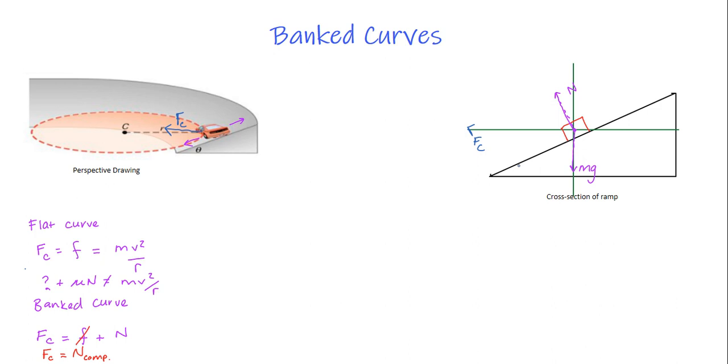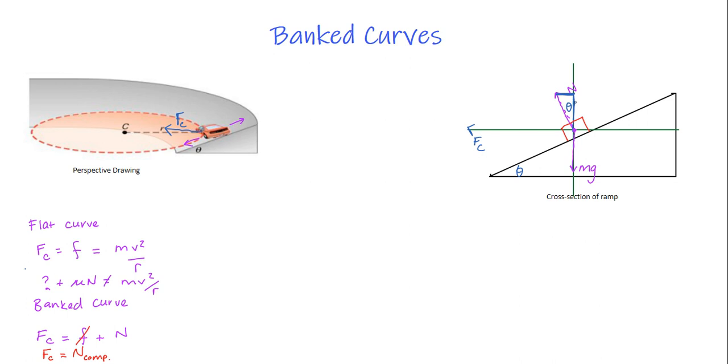Now we're going to say that the curve is banked at a value of theta, and that this angle is congruent to this angle over here. If you want to figure out the angle relationship between these two or prove that they're the same, you can, but that's not really necessary for this video. Now I'm going to draw some components in. Here is a horizontal component of this normal force, and here's a vertical component of this normal force.